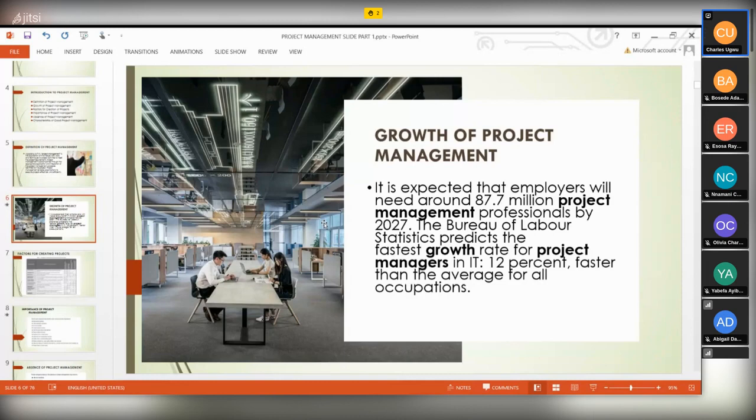Why is it growing at this rate? As you know, if you are in the IT industry, all you'll be hearing every time is digital transformation, digital transformation. There is this digital transformation madness. IT is growing very fast. Companies are trying to cope with the challenges of IT growth, and if you don't cope, your competitors will push you out of the market.